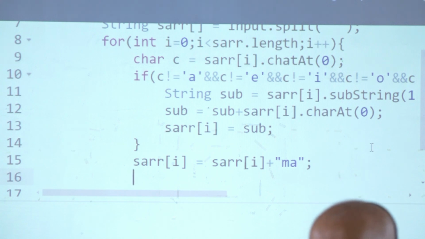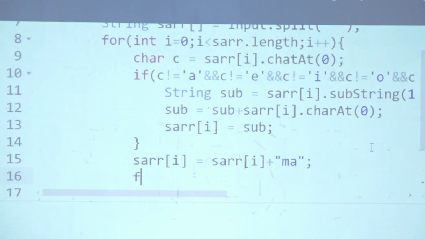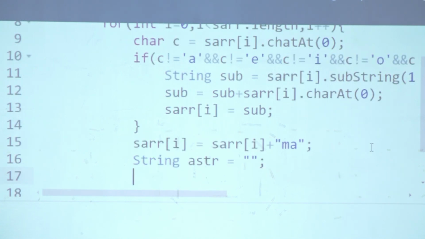I'll write a small for loop to do that. Okay. So I'll create a string called aStr, equal to a null string initially. Semicolon, done. Now what will I do? I will build this aStr equal to the number of i's.